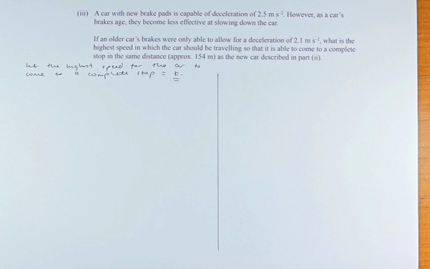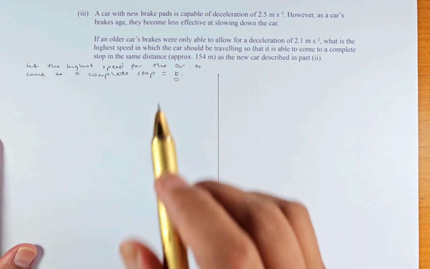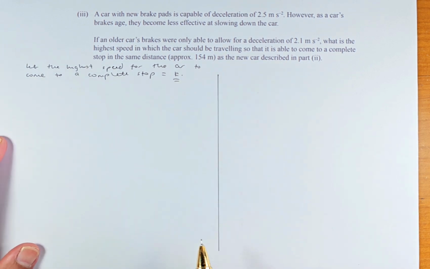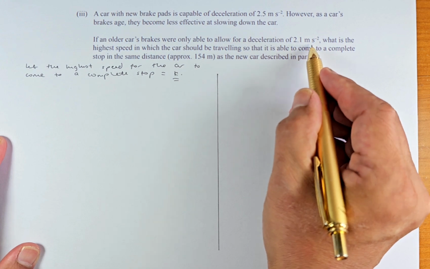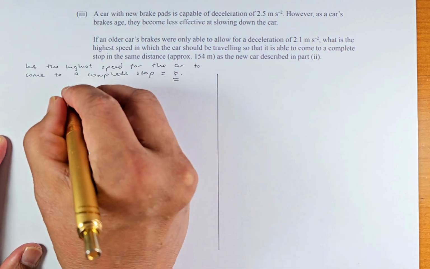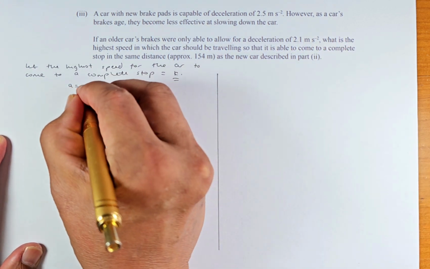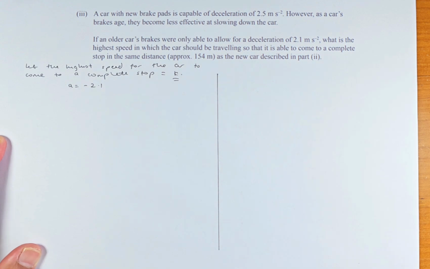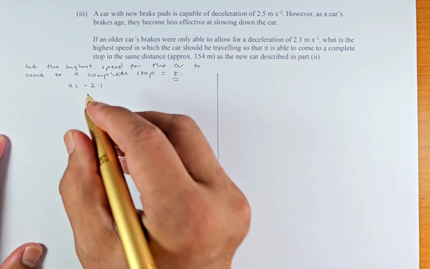So we are going to let the highest speed for the car to come to a complete stop be equal to k, and that is what we are going to calculate. We know that deceleration is 2.1, so acceleration a is minus 2.1. We need to find the velocity, so the velocity is the integration of that.